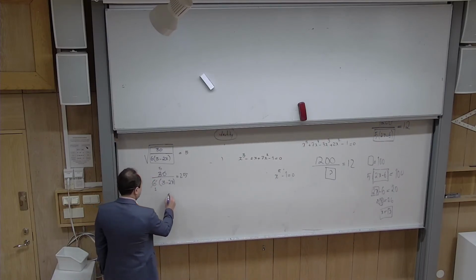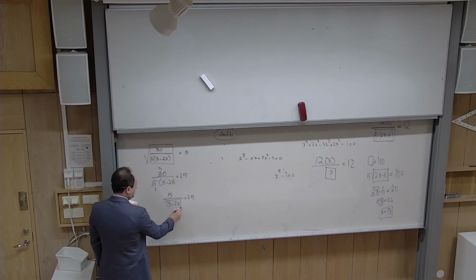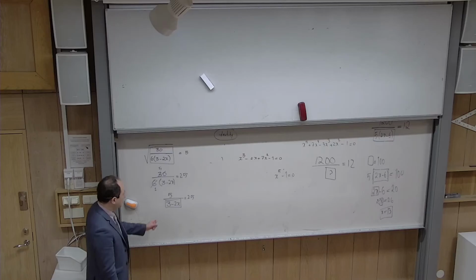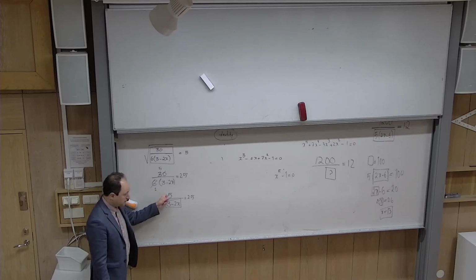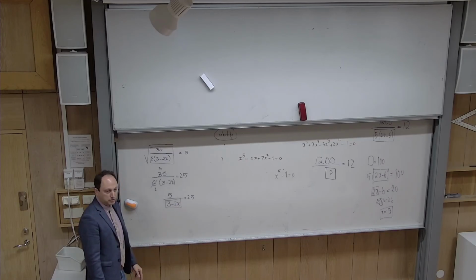Can you guess it now? So 5 over 3 minus 2x is 25. So this is the box that you don't know. But you know if you divide 5 by that number, it turns out to be 25. So can you tell me what is the box?